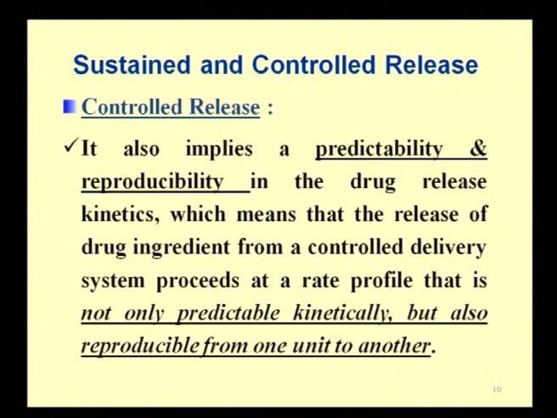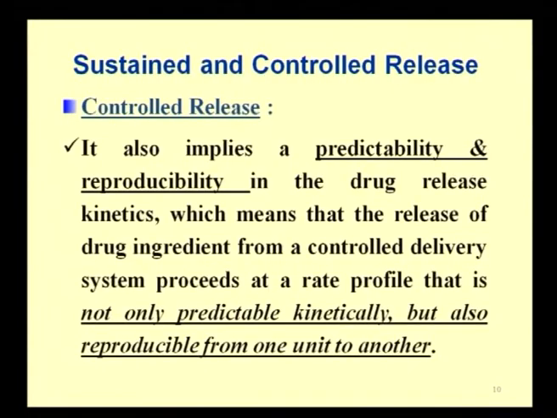The controlled release also implies predictability and reproducibility in the drug release. So, it is not only a sustained drug release happening, but the amount of drug released at a particular point and the reproducibility are predicted, or known to us. So, that is the meaning implied by the word controlled release.